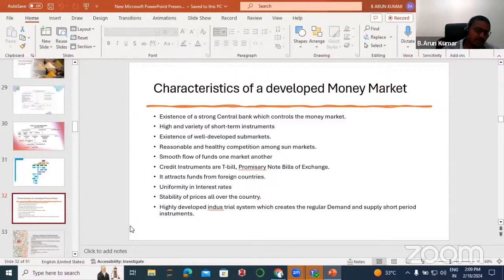In each specific source, we know the cost of the redeemable and irredeemable formulas, and how they calculate each specific source. And the second method is marginal cost of capital.